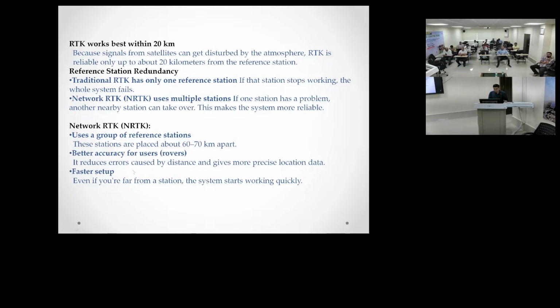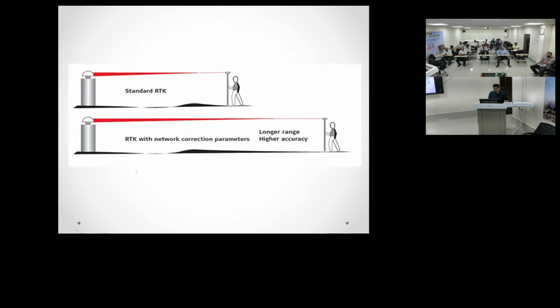Faster setup: even if you are far from stations, the system starts working quickly. In RTK, the distance will be less, meaning you can go for larger distances in network RTK. In standard RTK, it will be 20 kilometers apart, because you will not get a signal. Radio signal will not be easily gettable between two GPS instruments.